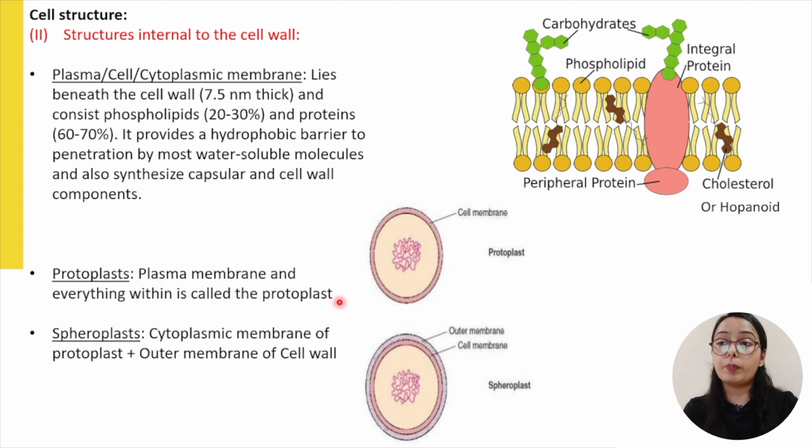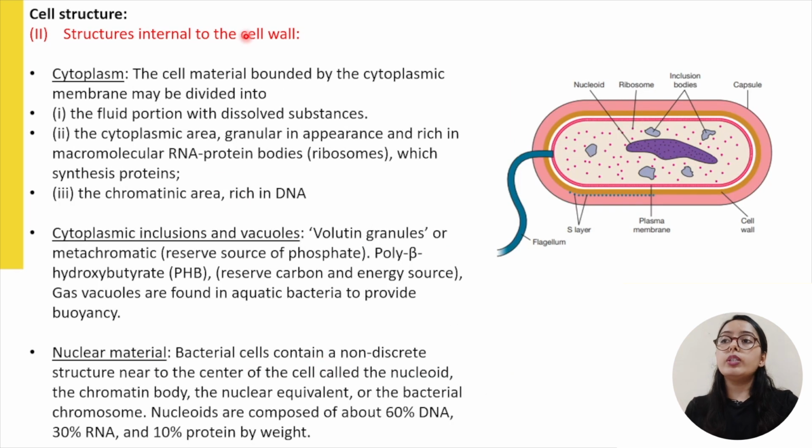As you can see in this image, if this pink circular outline is the cell membrane, everything inside this is considered the protoplast, while the spheroplast is the cytoplasmic membrane or cell membrane as well as the outer membrane of the cell wall.